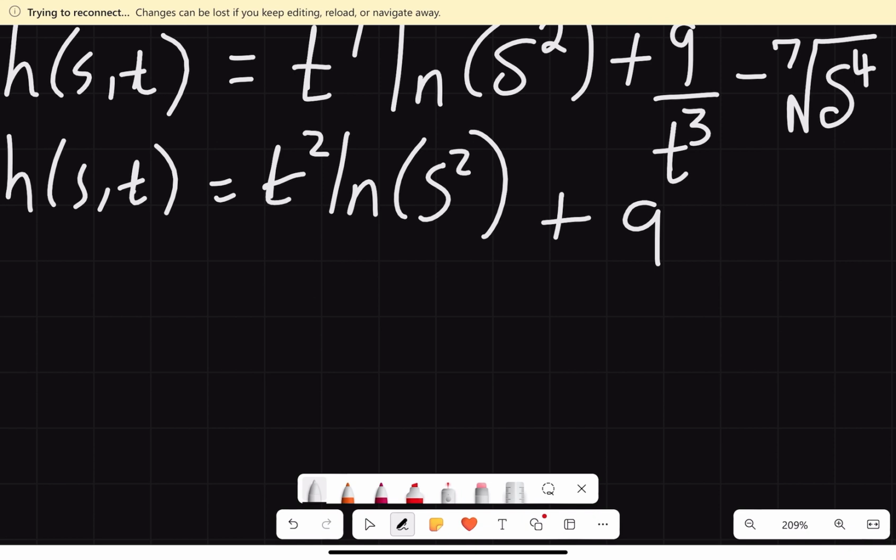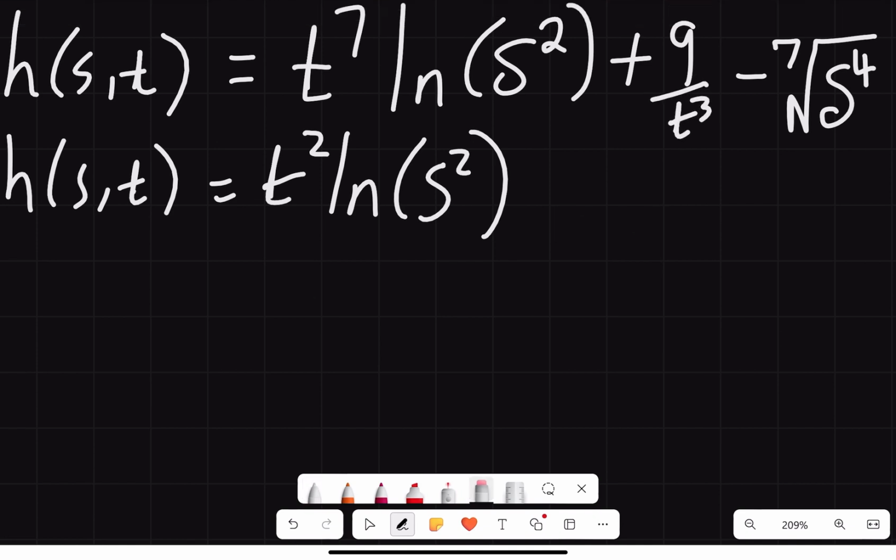Okay, actually, let me do this, guys. I'm going to erase this here. Let's just make it smaller there so that we can have space, right? So we're going to say here plus 9t to the power negative 3, because the t to the power 3 becomes a numerator now.